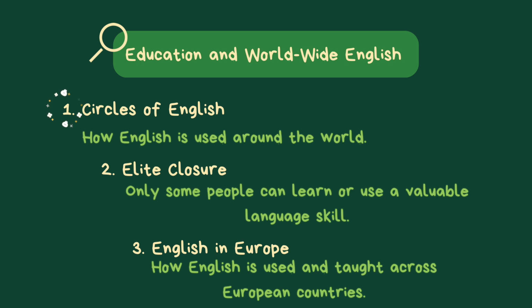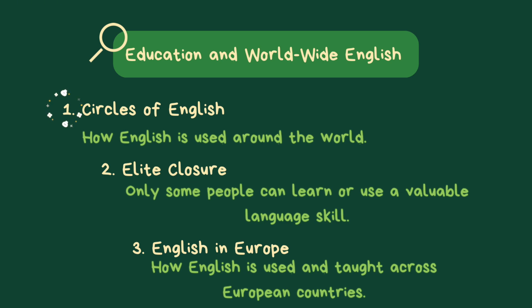The second circle is the outer circle. Countries that were former British colonies and continue to use English as an official or significant language, especially in fields like education and government. Examples include India, Nigeria, and Singapore. In these places, English serves as an important second language.